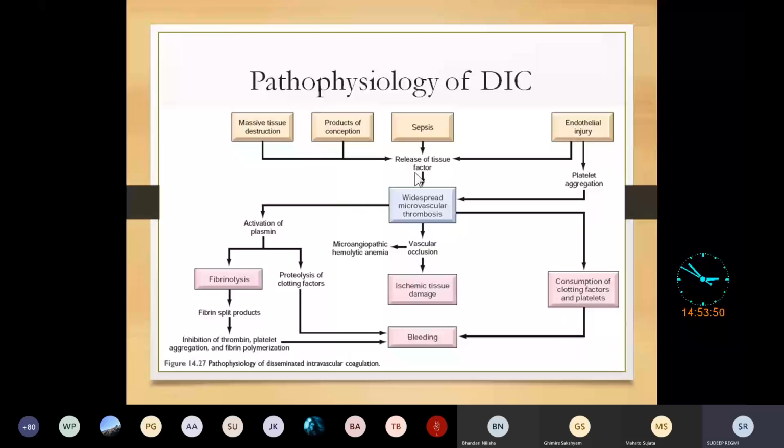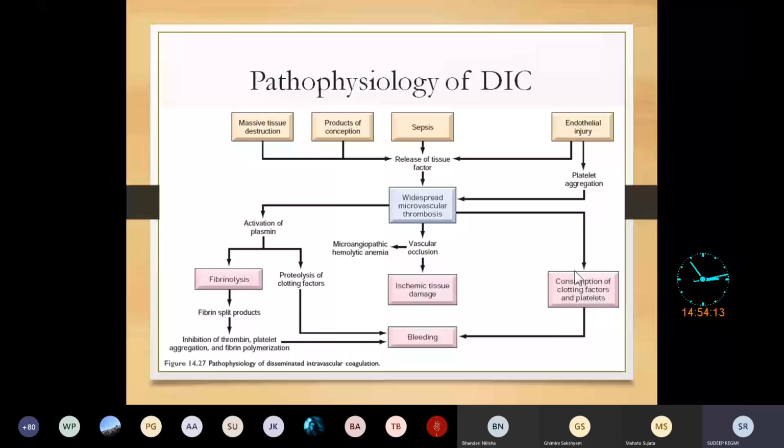If this thrombosis was localized and present in a single area, then there wouldn't be this much consumption of the clotting factors and platelets, and they would be present in large numbers in the circulation. But due to this widespread microvascular thrombosis, there is a shortage of clotting factors and platelets.